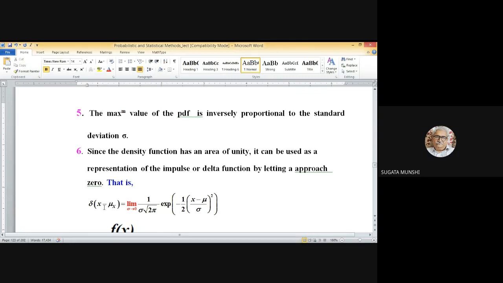So there was some reluctance on their part. Finally, they accepted it as a distribution function. Anyway, things have changed, but still there are some very orthodox people who don't call it a function.